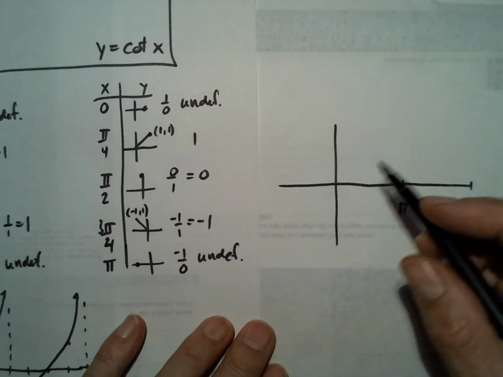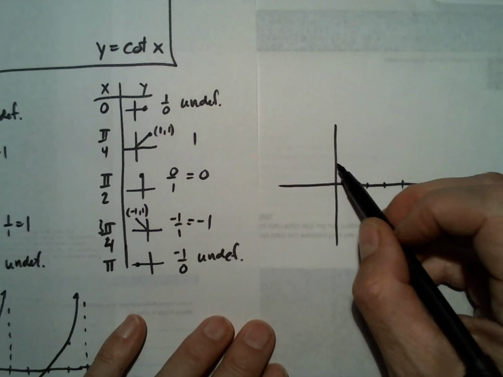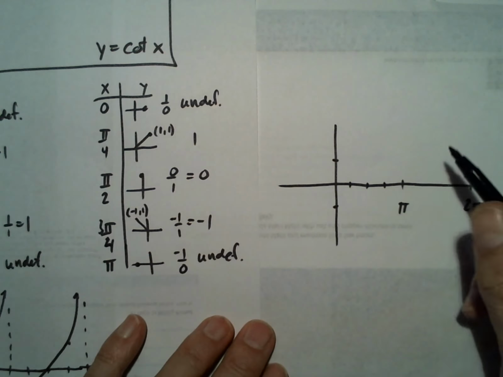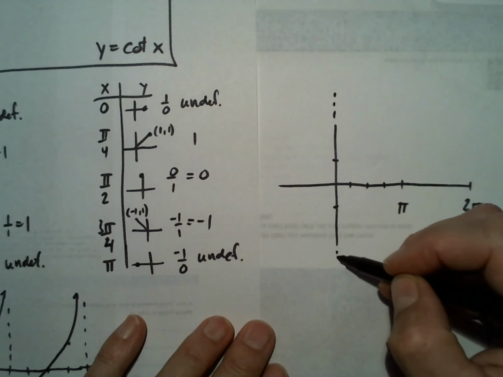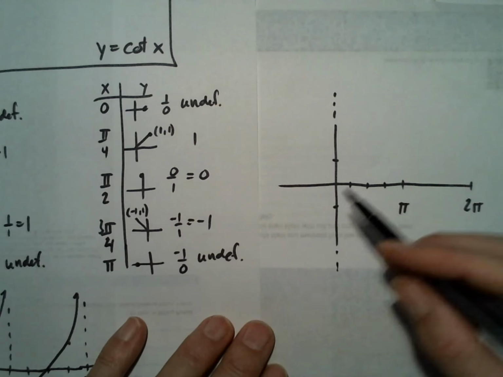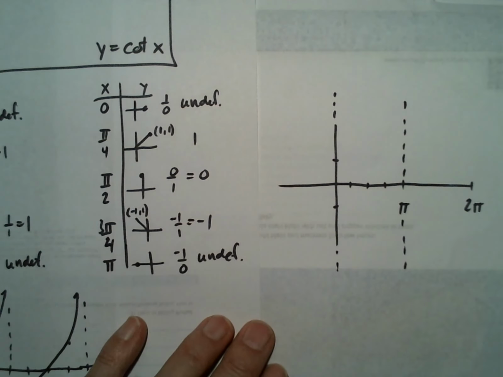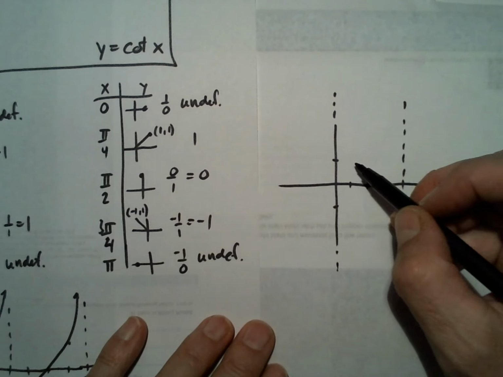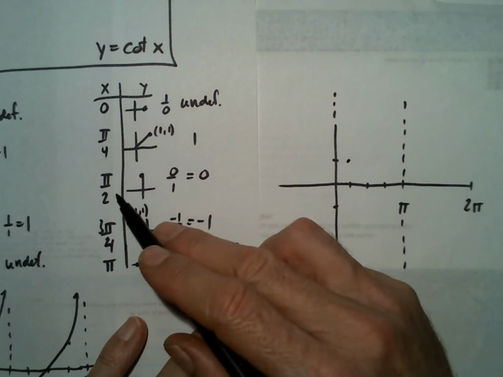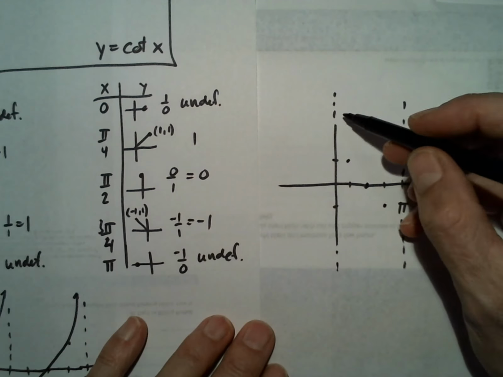Alright, from 0 to pi, there'll be one cycle. There's an asymptote at 0 and an asymptote at pi. And then we'll start at 1. Then at pi over 2, we have a y value of 0, then negative 1.